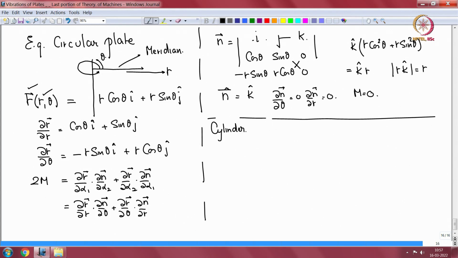Okay, so to remind ourselves, there was this cylinder.